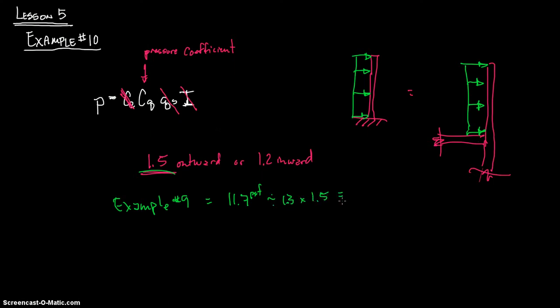So let's take 11.7 divided by 1.3 times 1.5, and we should get 13.5 psf.